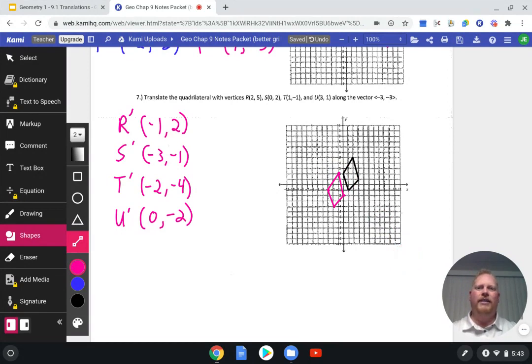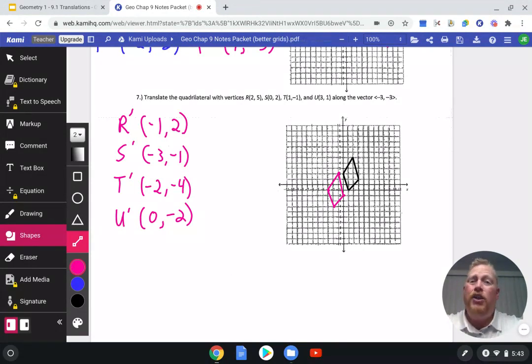It looks like the exact same shape, just shifted down a little bit. Matter of fact, shifted 3 places to the left and 3 places down. Okay, so that's what we're going to be covering. And some people might just look at this graph and say, well, can't I just look at the graph and then take that vertex and move it back 3 and down 3 and plot it?